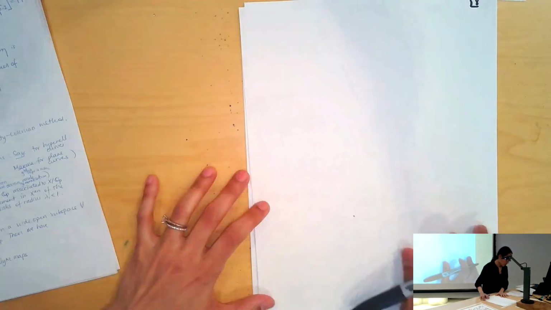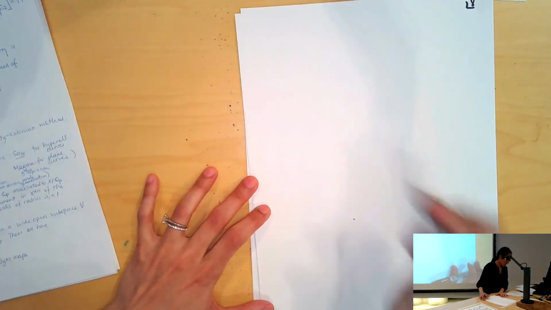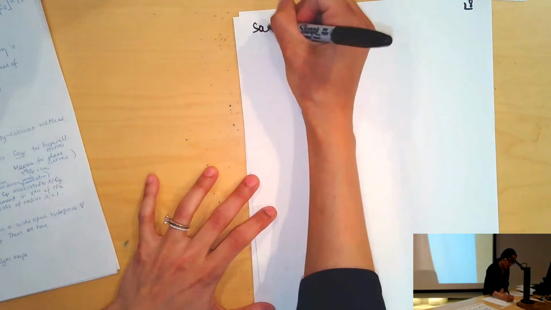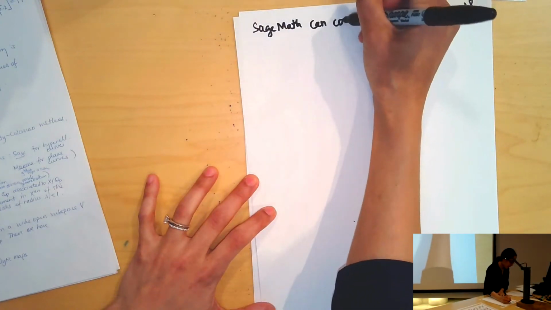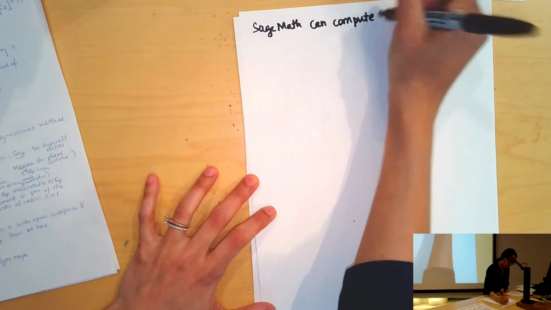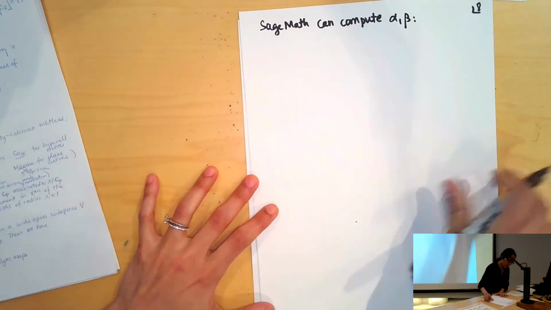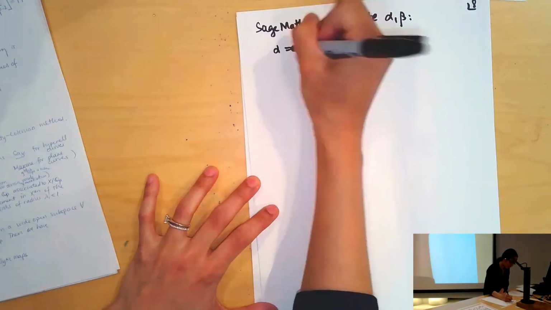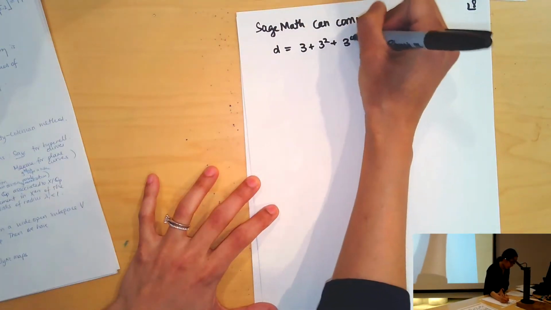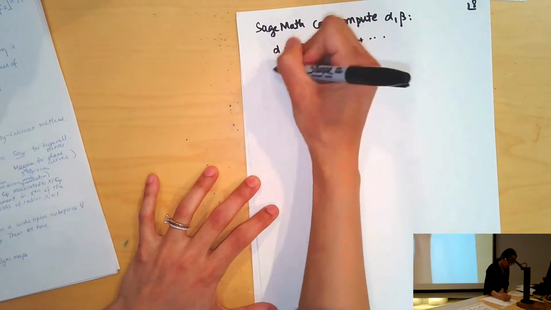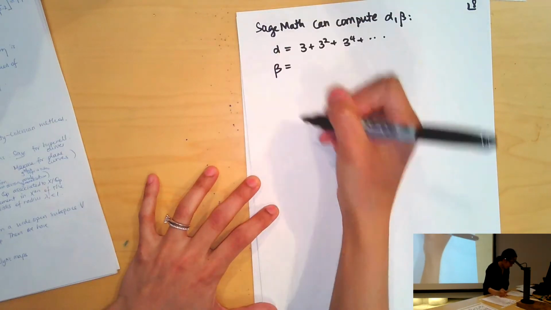At this point, we open up Sage, press a button or a few buttons, and compute alpha and beta. Three-adically, I'll just give you a few digits. Alpha is 3 plus 3 squared plus 3 to the 4th, and some higher order things.